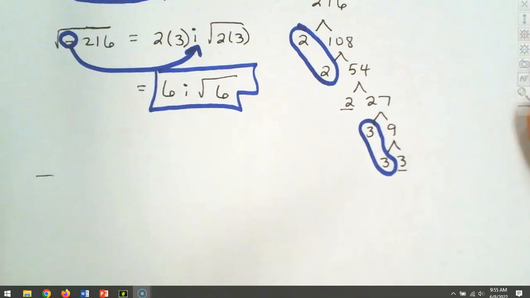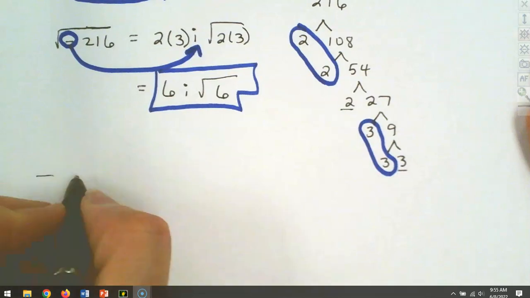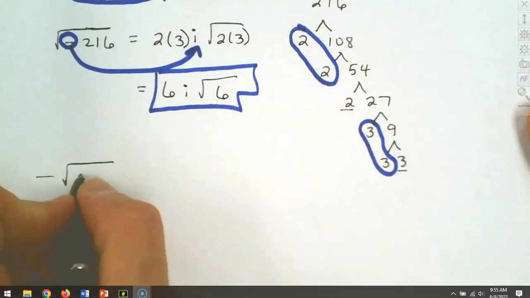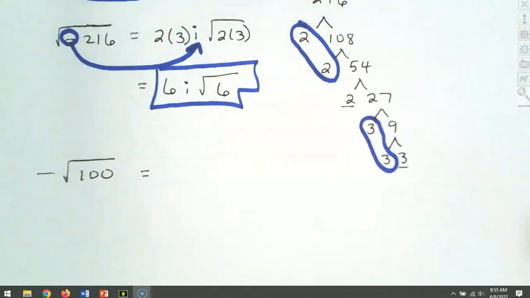Just to make sure we understand the difference of where the negative is at, let's say I put the negative in front. And we'll just do a really, really easy one here. What about a negative in front of the square root of 100? Now, if the negative is inside, it's imaginary. If the negative is out in front, it just comes along with it.